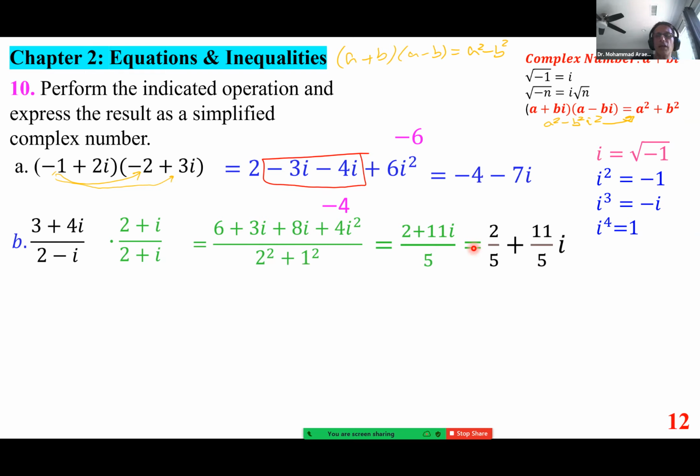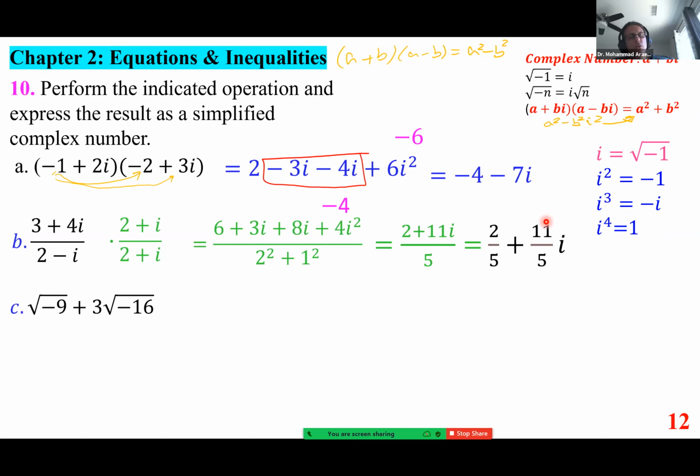The reason I like to change it into two fractions is because clearly I want you to know what's your a, 2 over 5, what's your b, 11 over 5, because in this format, we may make a mistake with the a and b. So this one for sure, we can see what's a and what's b.